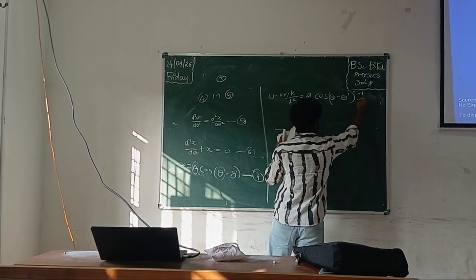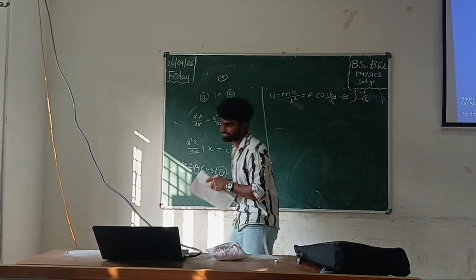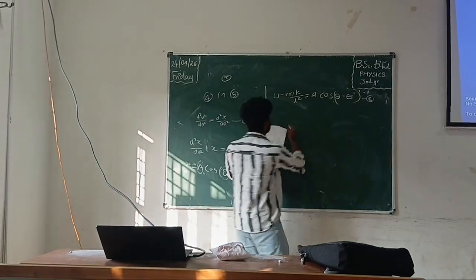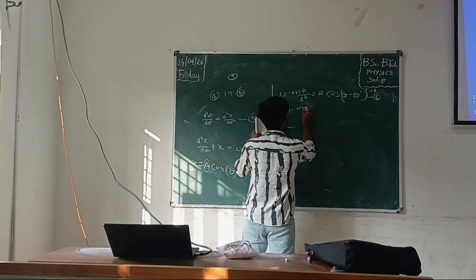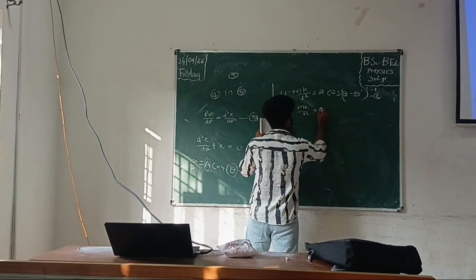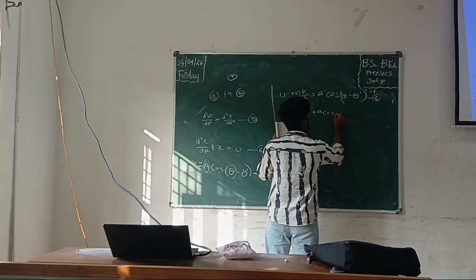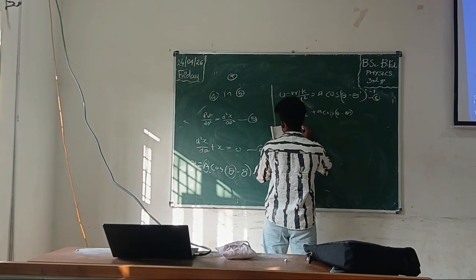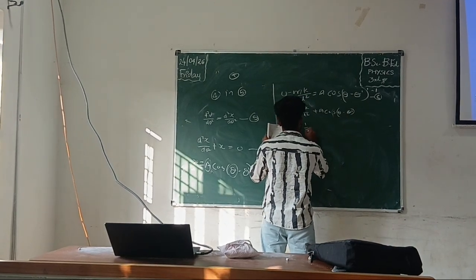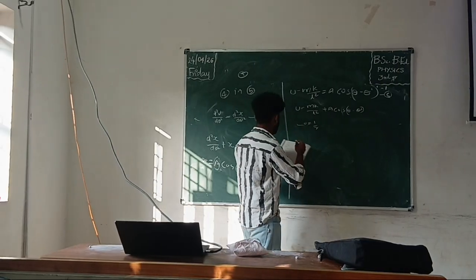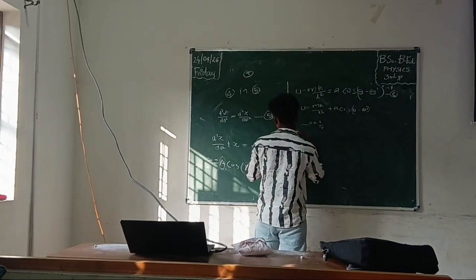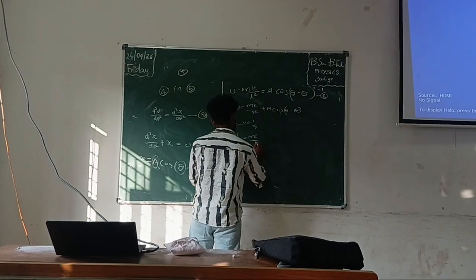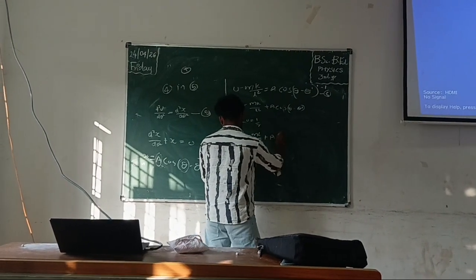This is the 8th equation, and u is equal to mk by l square plus a cos(theta minus theta dash). So u is equal to 1 by r, as we substitute in the first step. So now we are writing it as 1 by r is equal to mk by l square plus a cos(theta minus theta dash).